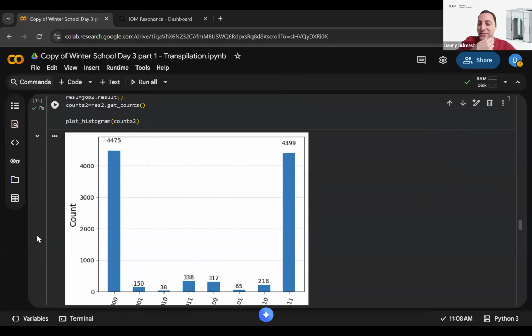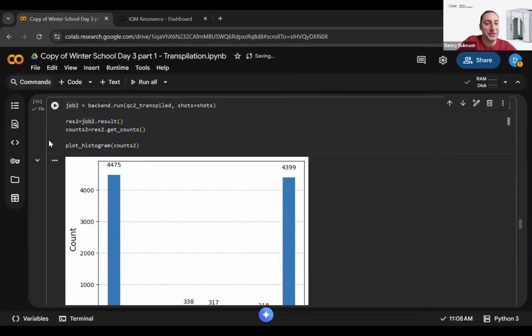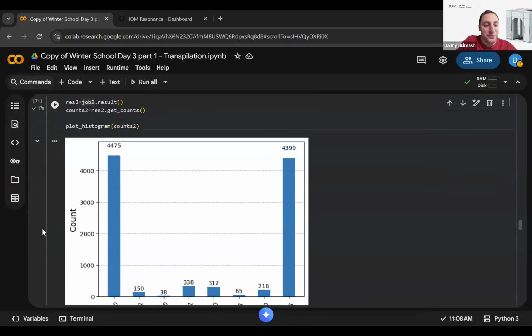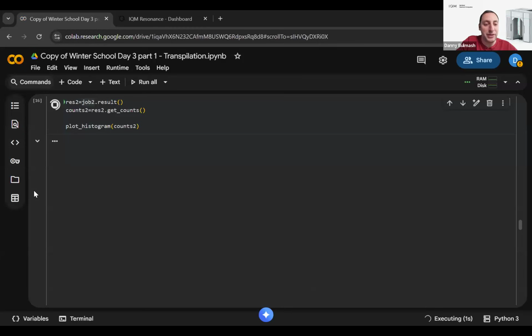This worked when I ran it before. Of course, it ends up happening that we get the noisy one this way, or something ends up being noisy. So I'm curious what happens if I run that job again. All right, but that's the general idea. So you can choose which qubits you want to run on and hopefully avoid noise.